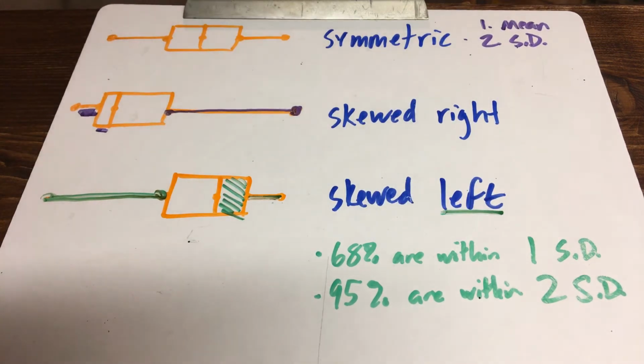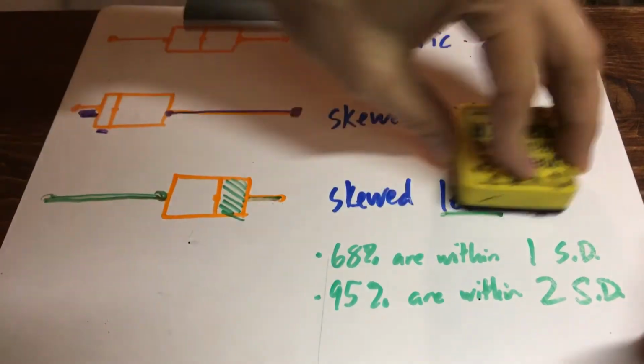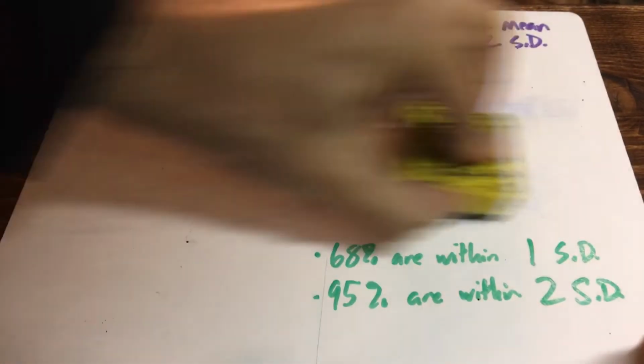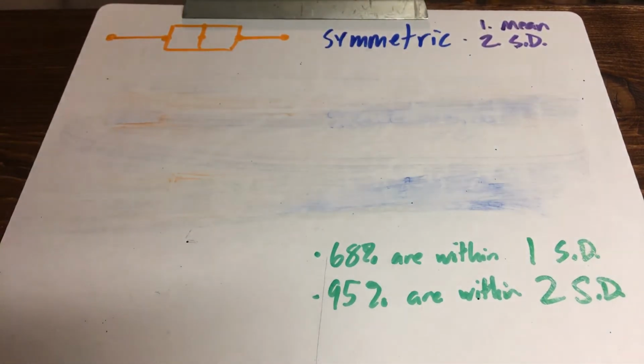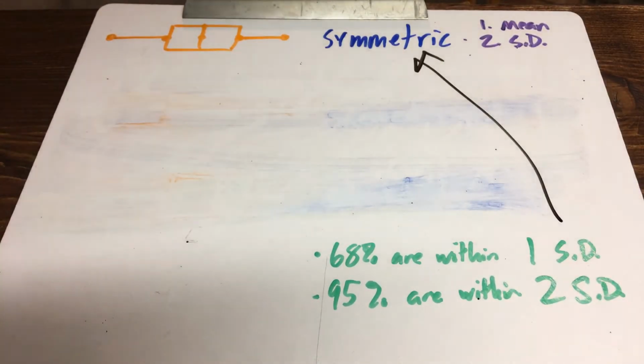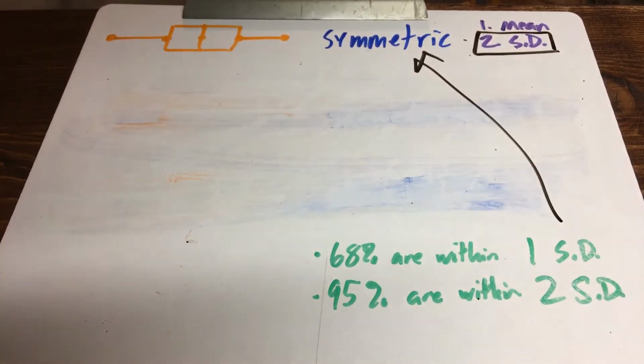And then the last thing I want to say, if it is symmetrical, let me actually erase these. Oh, that's smeared. That didn't erase very well. Apologize. If it is symmetrical, if it is like this, right, and you're using the mean and the standard deviation to describe it, 68% of the data are within 1 standard deviation of the mean.